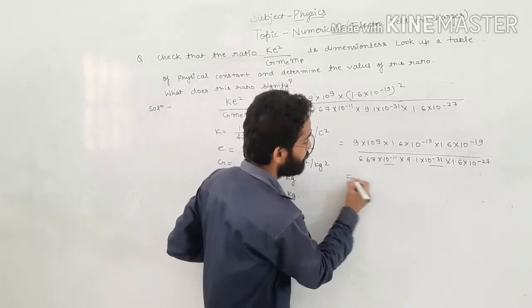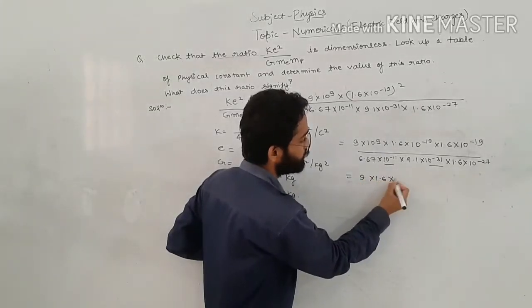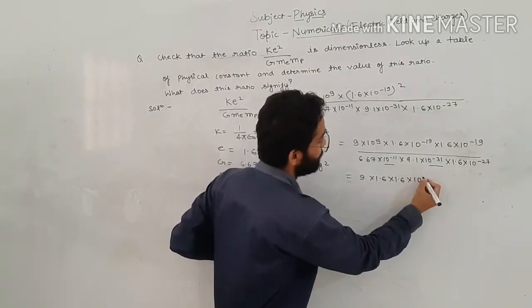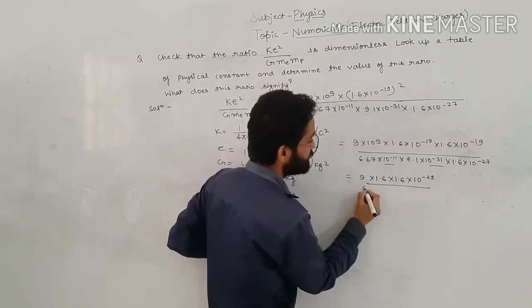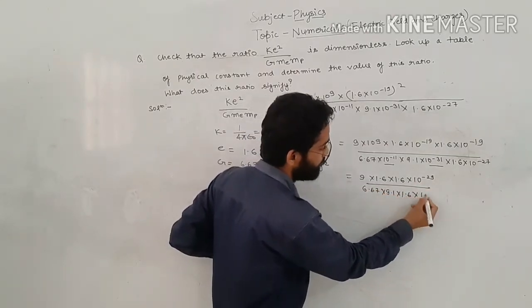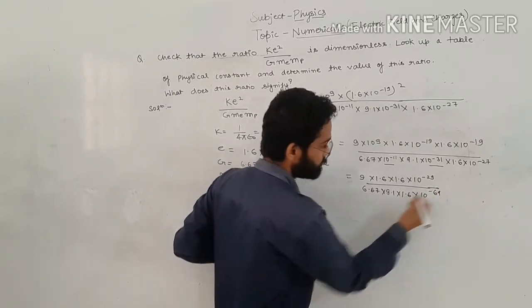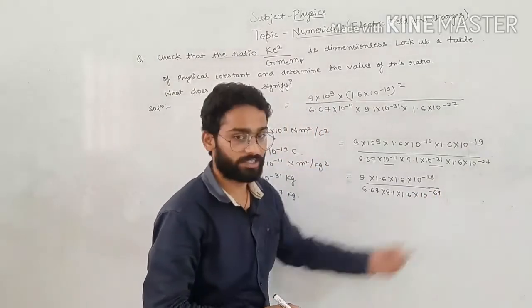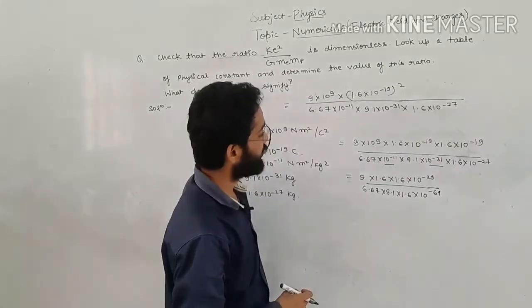So we have 1.6 into 10 power minus 29 upon 6.67 into 9.1 into 1.6 into 10 power minus 69. Now we can solve this value.